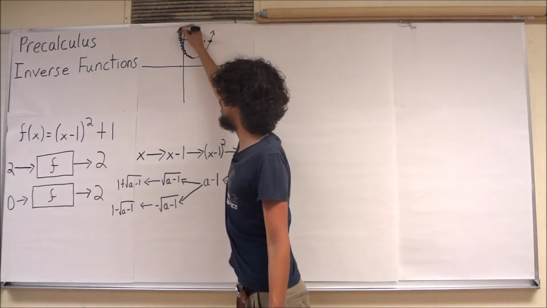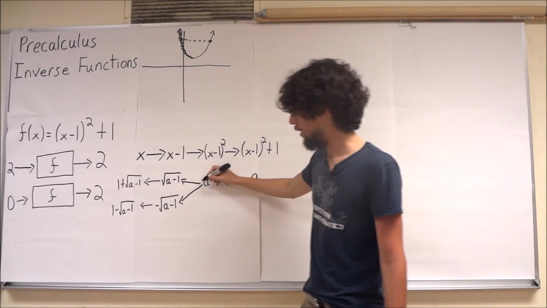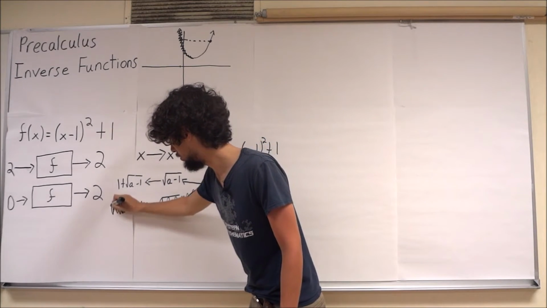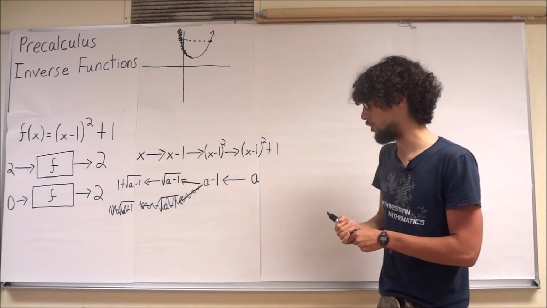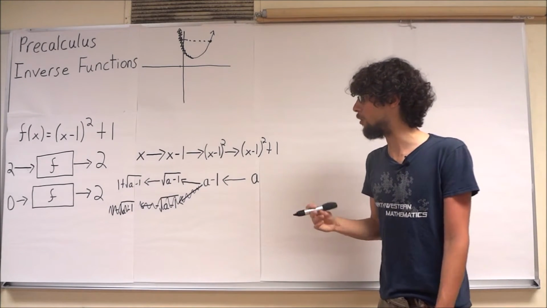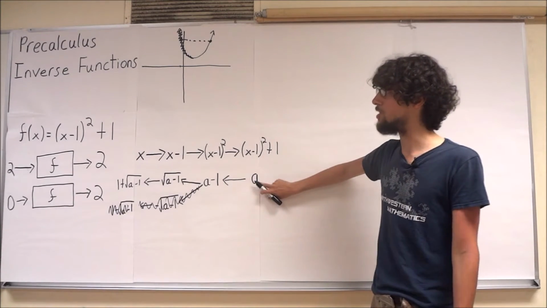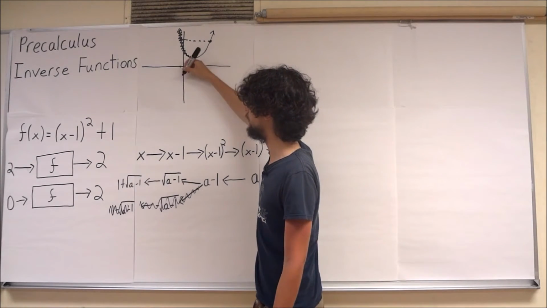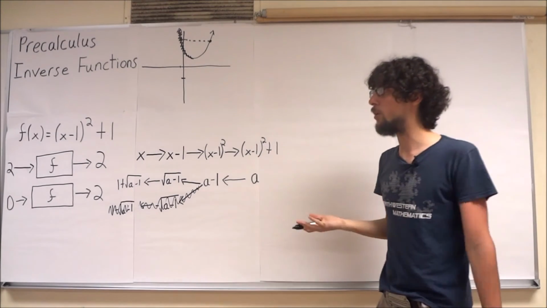Essentially, by scratching off this bit of the graph, we'll also scratch off this bit. And now we do have a nicely defined inverse function. Although it's worth pointing out that this inverse function is not defined for any choice of a. If I specified that I was looking for the x value which was associated with this y value, I wouldn't find anything.